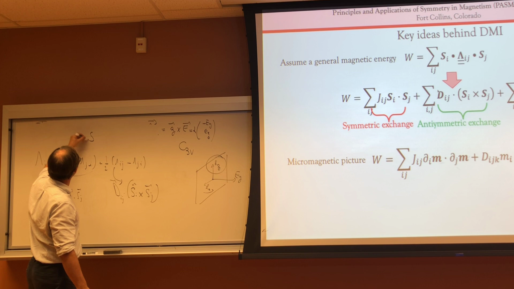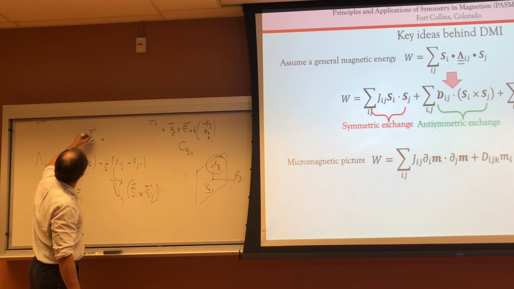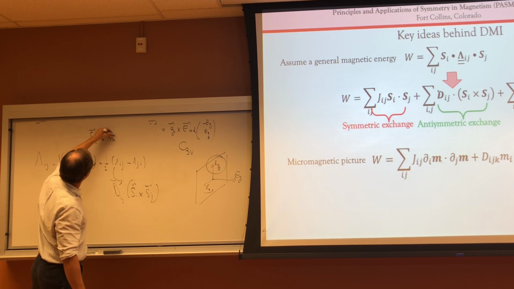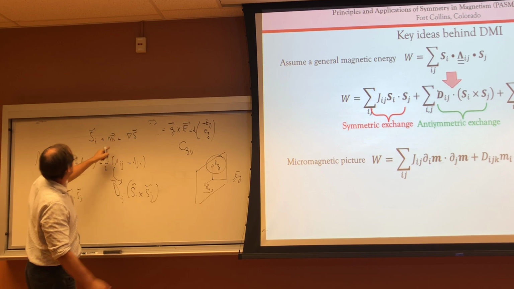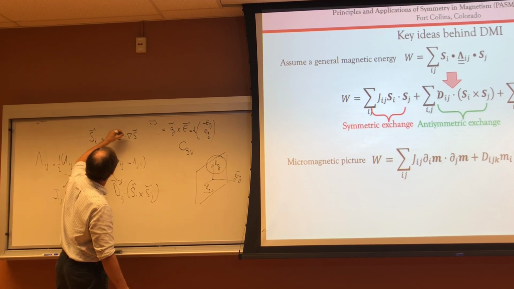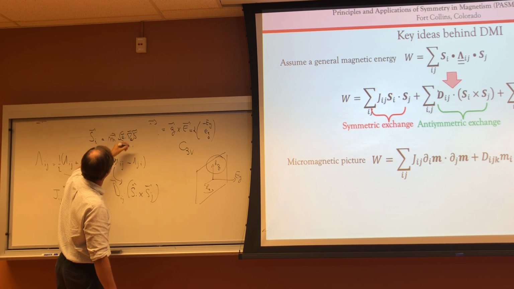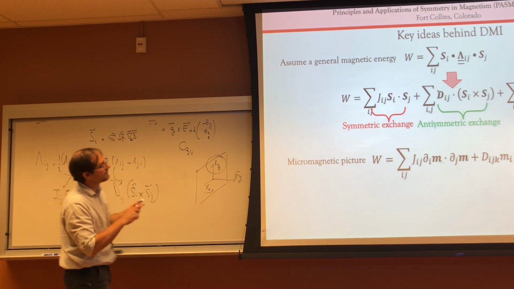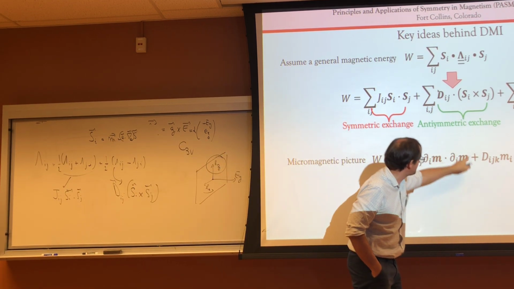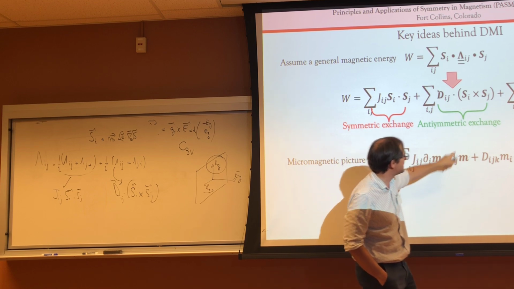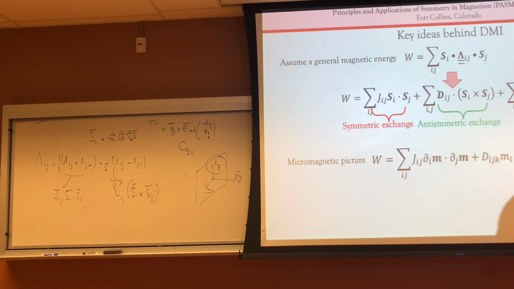I basically assume that my spin is essentially the local magnetization plus some deviation along some direction. Of course you need some gradient here, and if you do this kind of expansion, you end up again with a term that is quadratic in gradient, a term that is linear in gradient, some anisotropy, and so on and so forth.